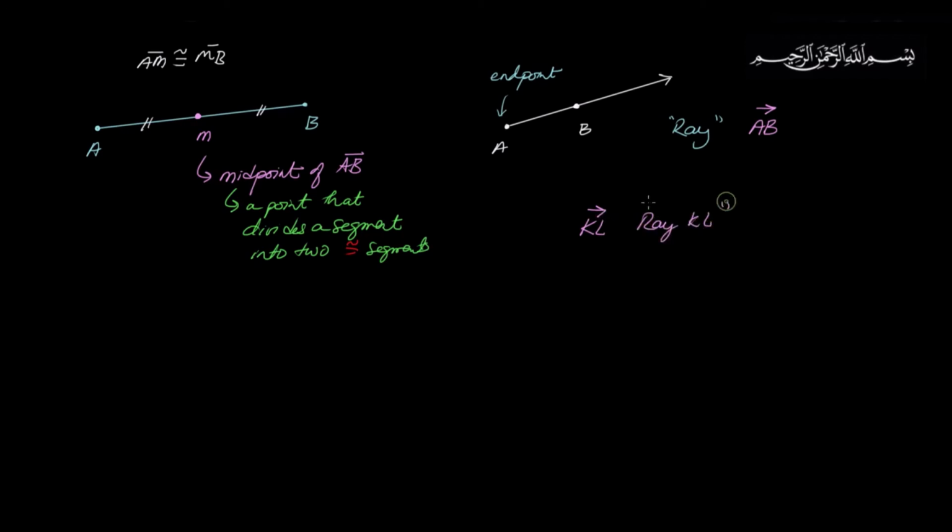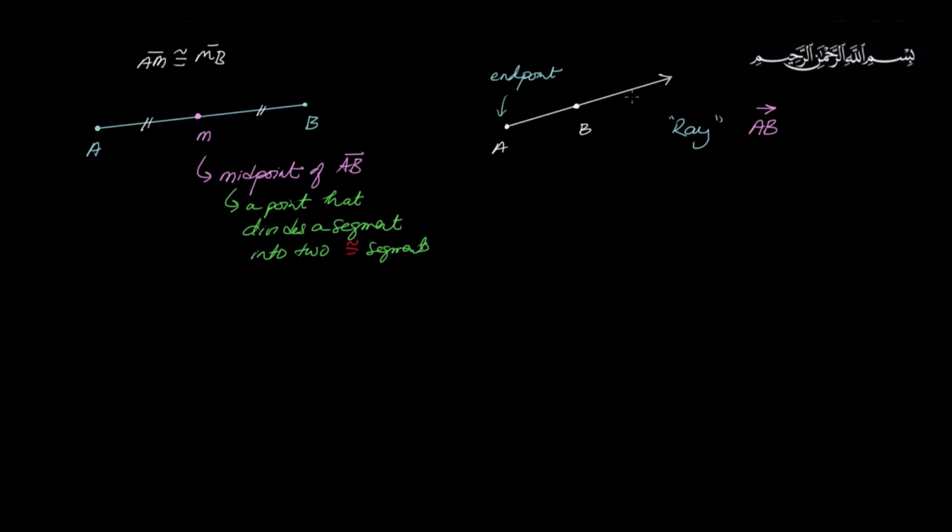And if I write this, that would be segment KL, and if I write this, that would be the length or the measure of KL. So as you can see, there is a different way of communicating different concepts. If you put that little symbol on the top, that's the symbol for a ray. That's the symbol for a segment. And if you don't put anything, you're talking about the length or the measure of a segment.